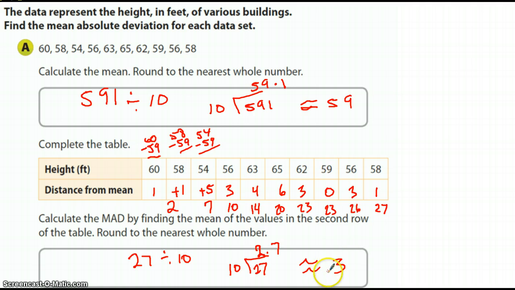So the lower it is, the closer your data would be. If we were to look at a scatter plot, it would be clustered around the actual trend line. Okay, let's move on.